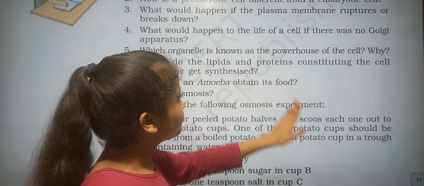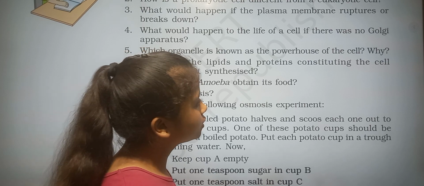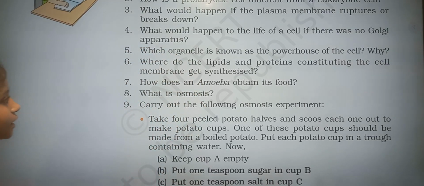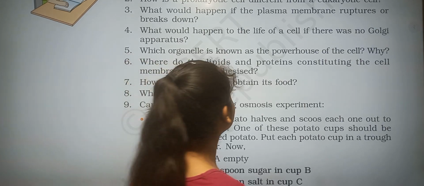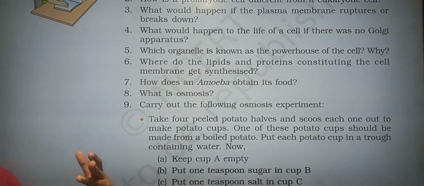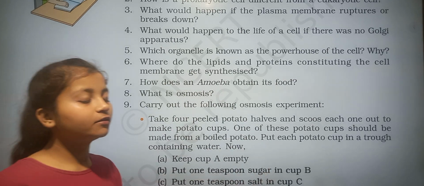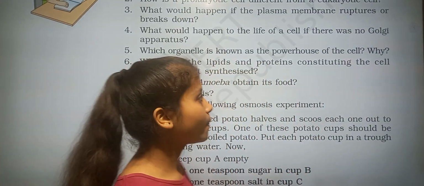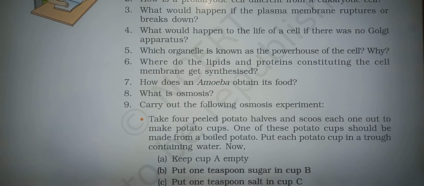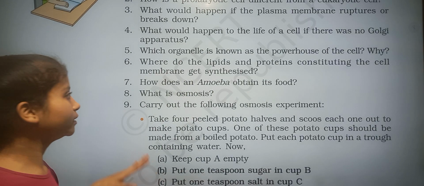Where do the lipids and proteins constituting the cell membrane get synthesized? Lipids and proteins are generally synthesized in the smooth ER, and also in the Golgi apparatus, I think, but maybe the smooth ER.